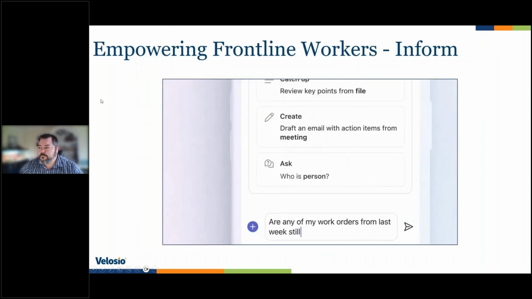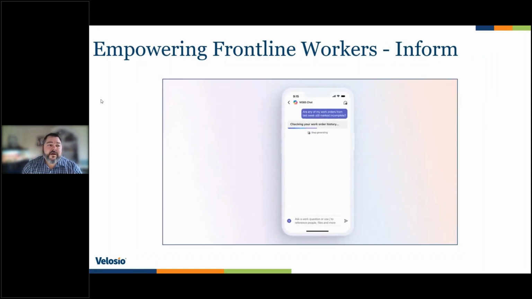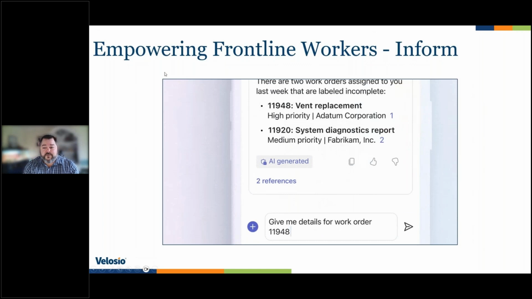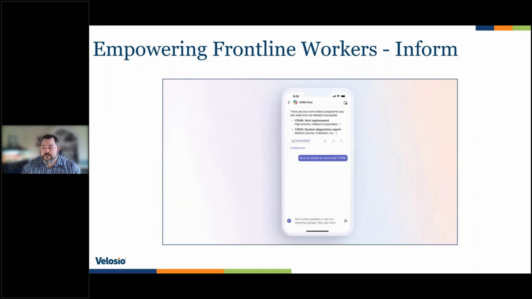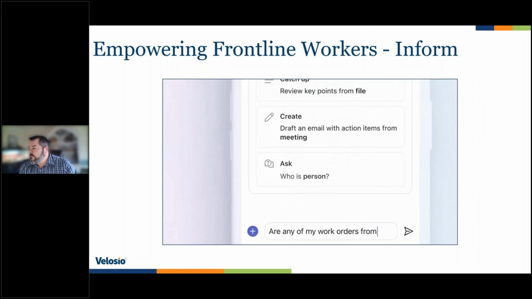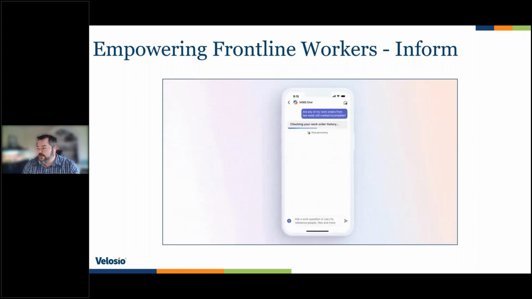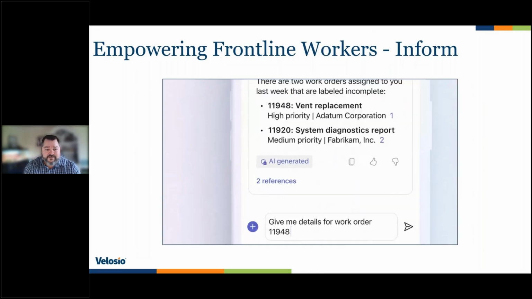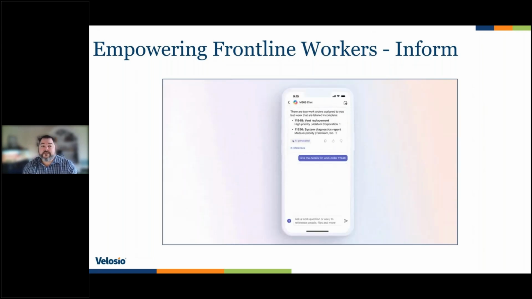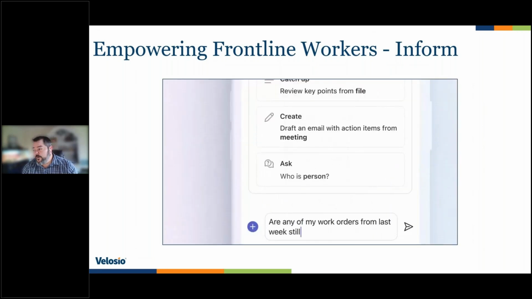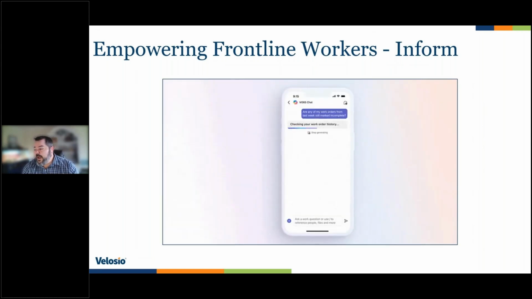So then we're talking about empowering frontline workers. The biggest thing is making sure that they're informed. As you see from this demo that's on here, a frontline worker can, on their mobile device, go into Copilot, ask specific information about a work order, or ask about work order history from the last week.